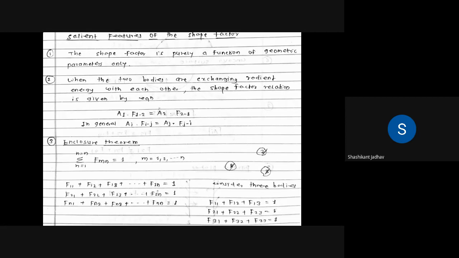Then write down the second salient feature.